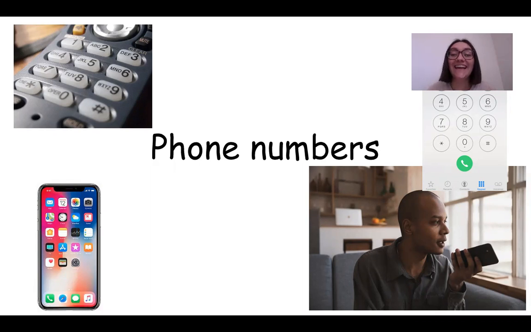So today we are going to talk about phone numbers, right? This is something a lot of students already know how to do very well because they have to call people and tell people their phone number.